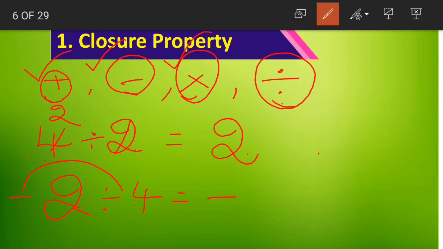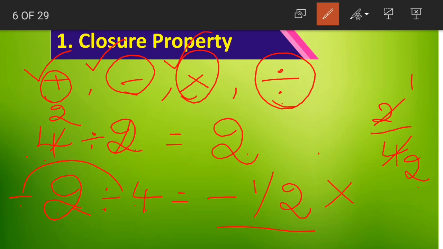And coming to the numbers, what is 2 divided by 4? The answer will be minus 1 by 2. Now, is minus 1 by 2 an integer? No, it is not an integer. So division of integers does not follow the closure property. Understood? Only addition, subtraction and multiplication of integers satisfy the closure property.